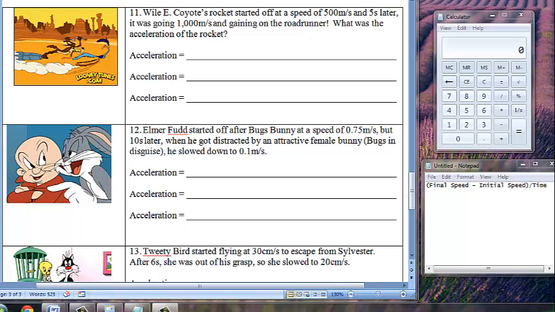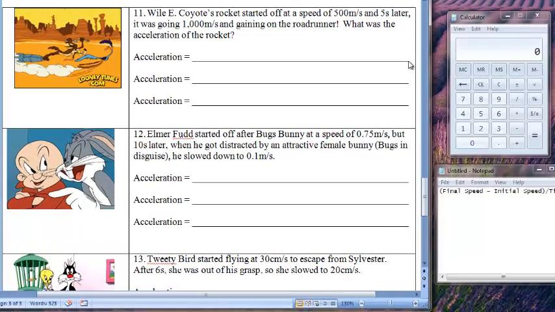Wile E. Coyote's rocket started off at a speed of 500 meters per second, and 5 seconds later, it was going 1,000 meters per second and gaining on the Roadrunner. What was the acceleration of the rocket? Think about what you need to write first.